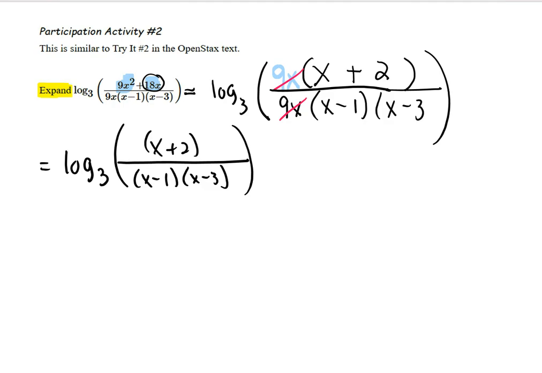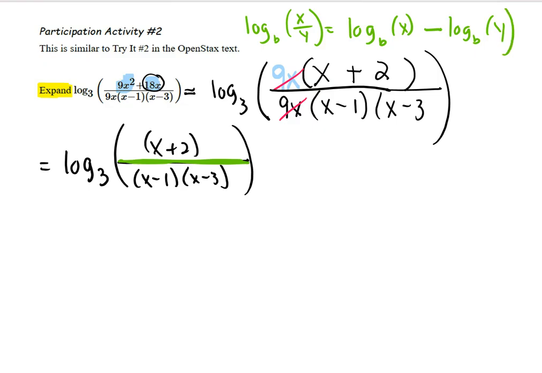Now we're going to expand it, and we're going to use the quotient rule to begin with, because right here these two things are divided, and the quotient rule says if you have the log base b of some x over y, that is equal to the log base b of the numerator minus log base b of the denominator.